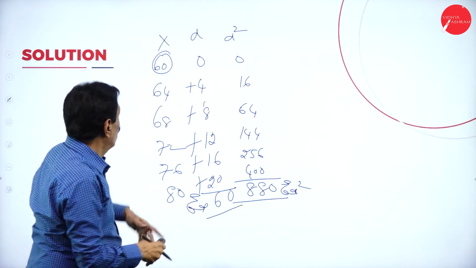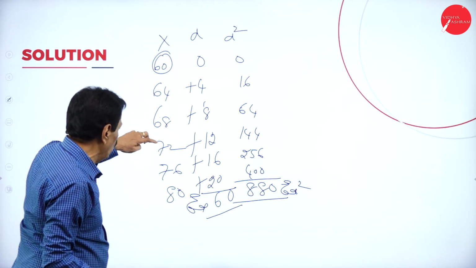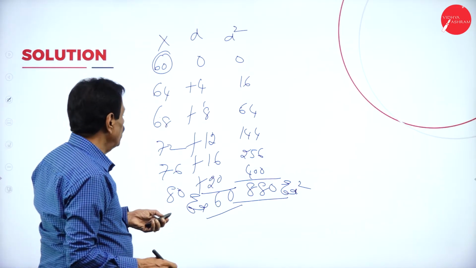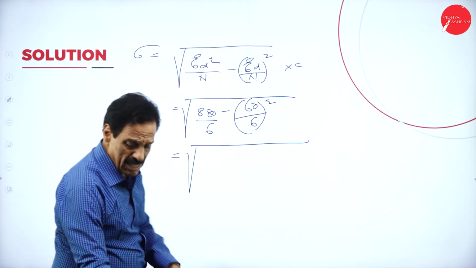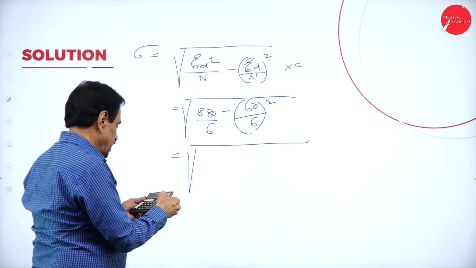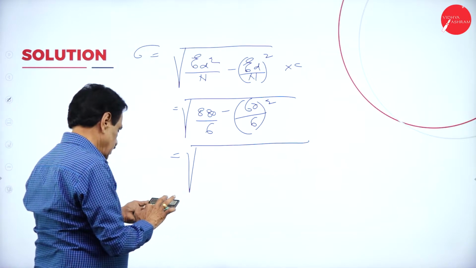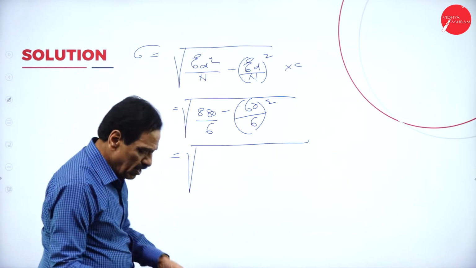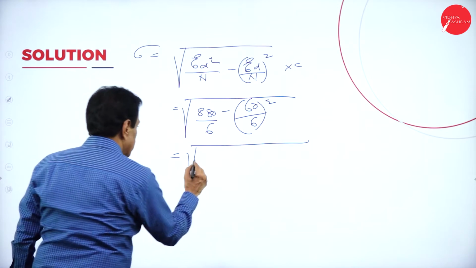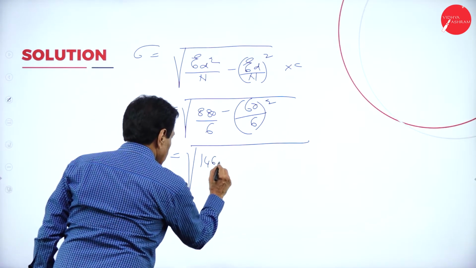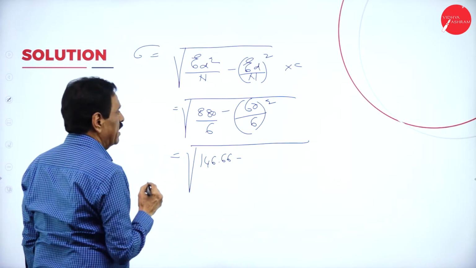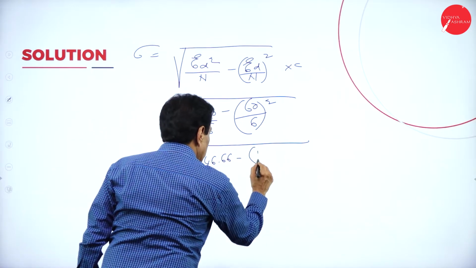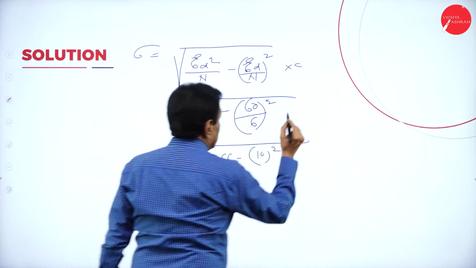See the terms, 1, 2, 3, 4, 5, 6. So here 880 divided by 6 is 146.66 minus 60 divided by 6 is 10 whole square into class interval.